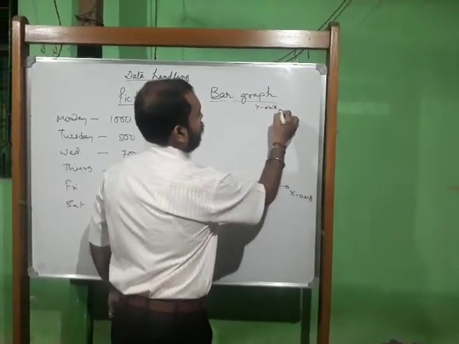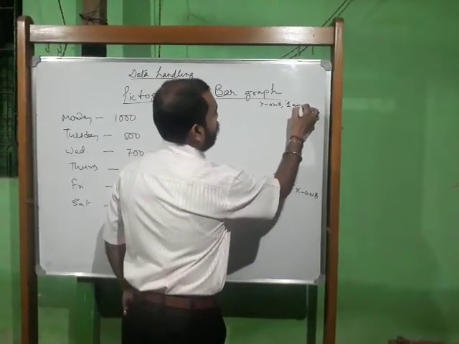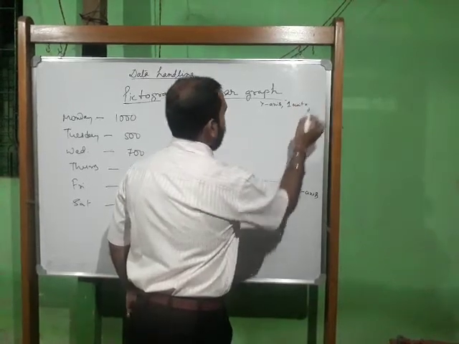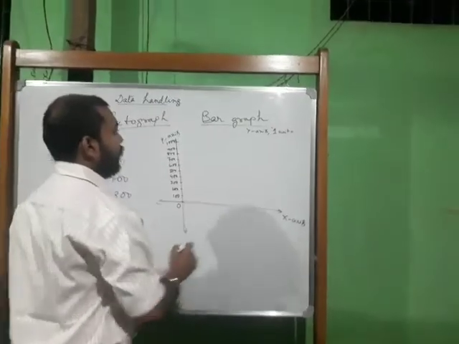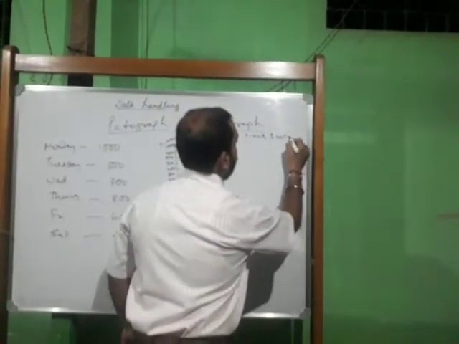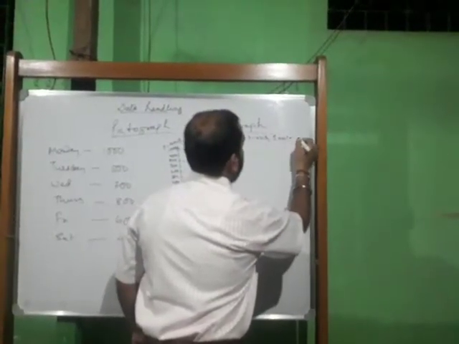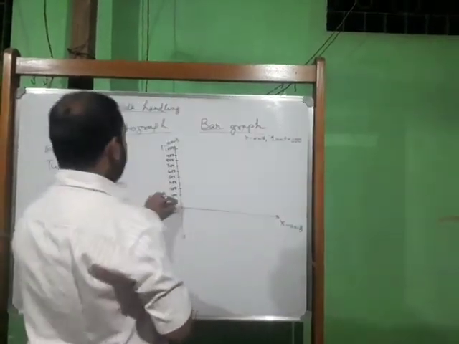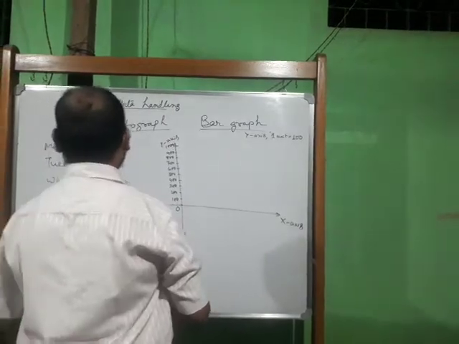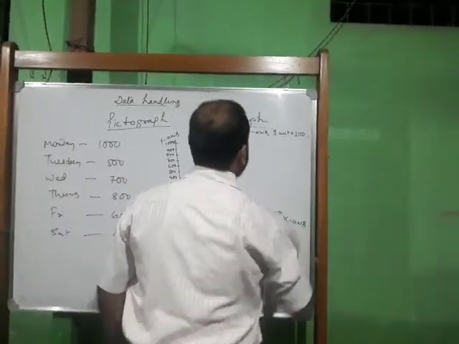Then you write 1 unit equal to, so what I have taken, 1 unit is 100. That one you mention.